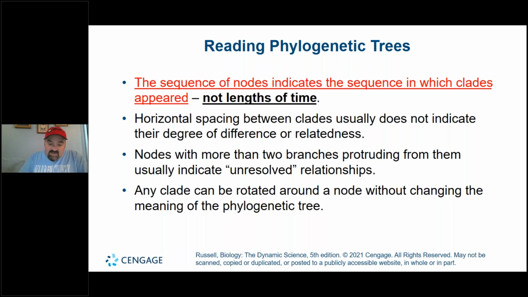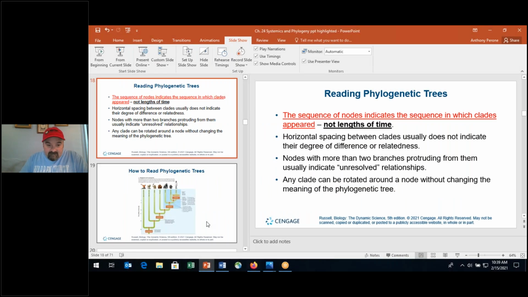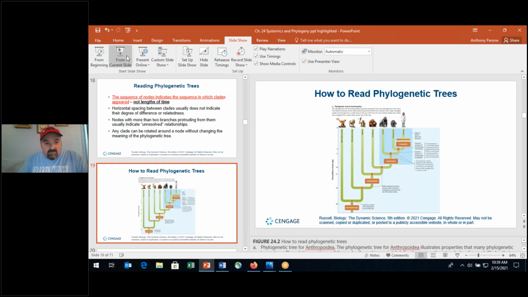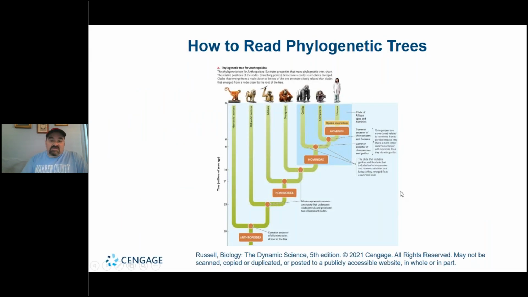So as you're looking at this image here, and you're seeing these nodes, right? These branches that are taking place, you're not seeing that represent a certain length of time. It does, but it's not on our chart here on the tree.